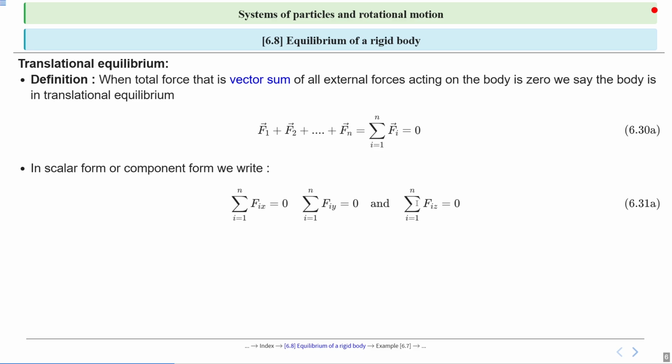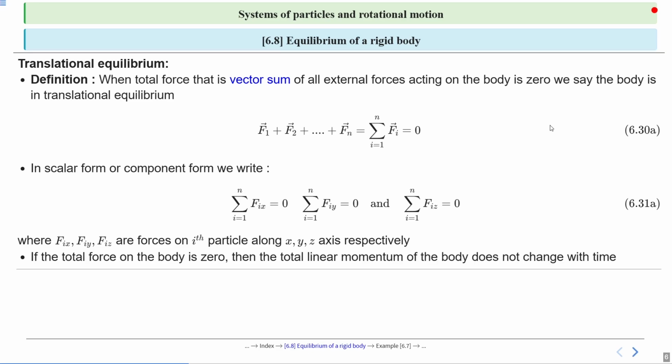So net force is equal to 0 along all axes: x axis, y axis and z axis. All right. Where Fix, Fiy and Fiz are the forces on the ith particle along x, y and z axis respectively.